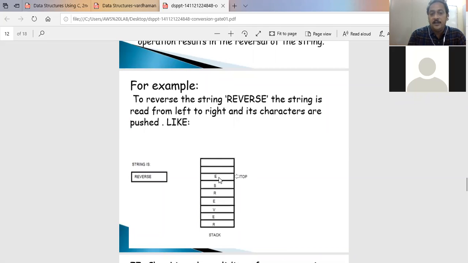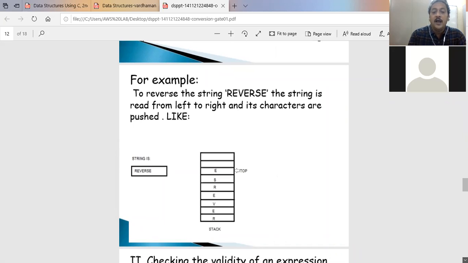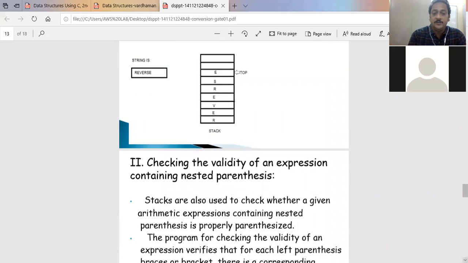If you want to print all the characters in reverse, remove the top element and add it to the reverse string. So automatically first E comes out, then S, then R, then E, like that. You get the string in a reversed manner.